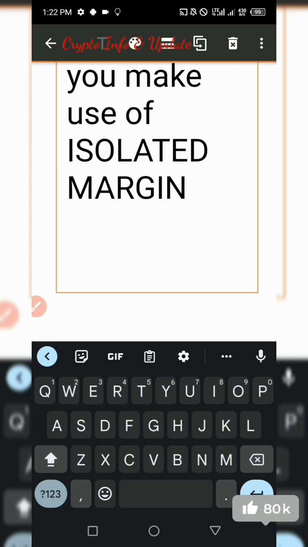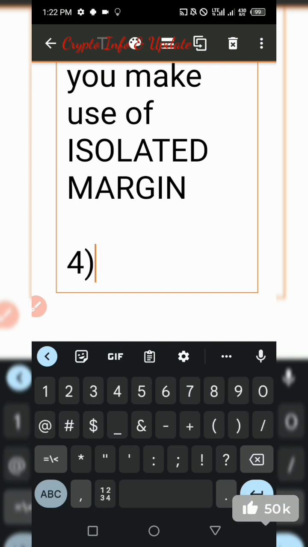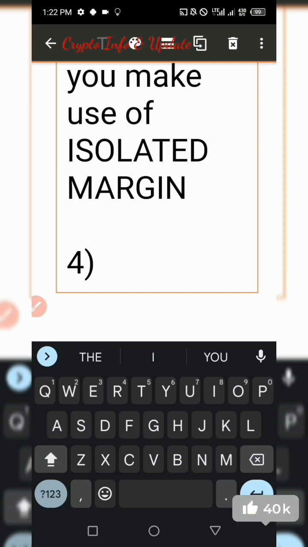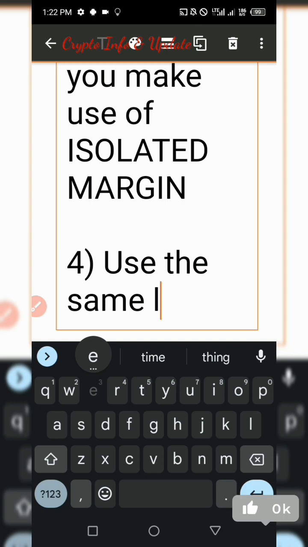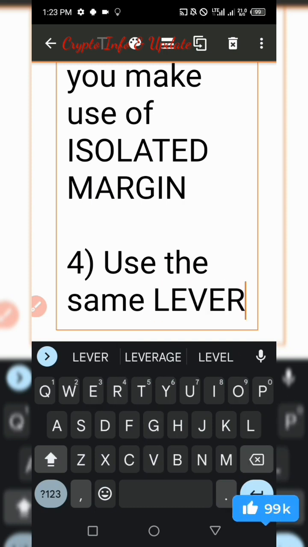Number four you need to take note of is you must use the same leverage. Use the same leverage.